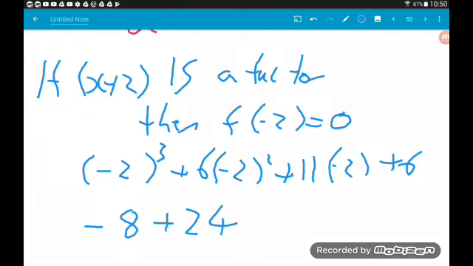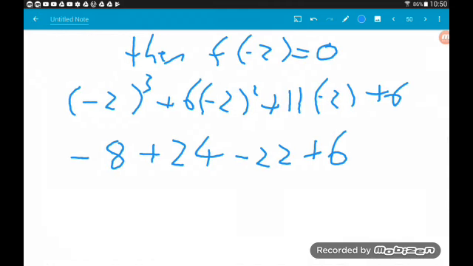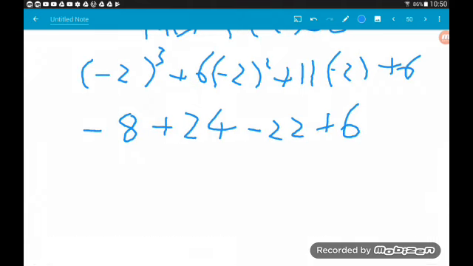Then we've got 11 lots of minus 2, which is minus 22. And then we've got plus 6 at the end. Okay, so what have we got here then? Well, what I like to do with things like this is group together the same sign things.